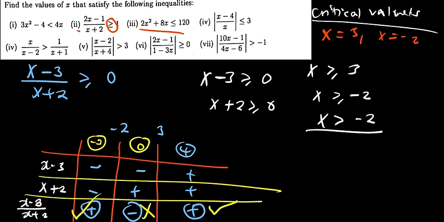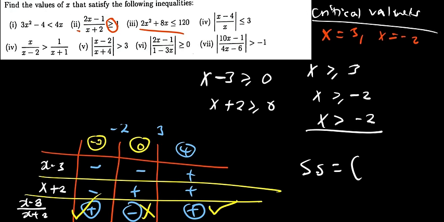Now listen, guys. Greater than or equal to means we are supposed to include the endpoint. So the solution set will be equal to, from negative infinity, since this part is going to negative infinity, all the way to -2.